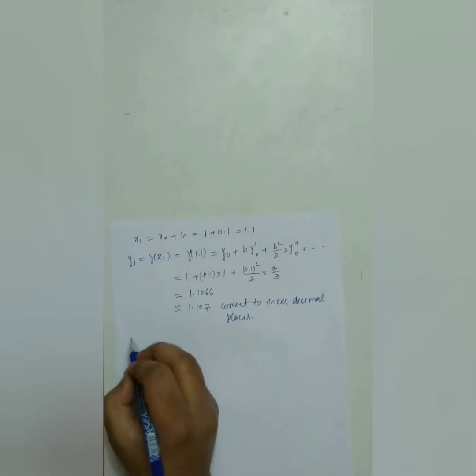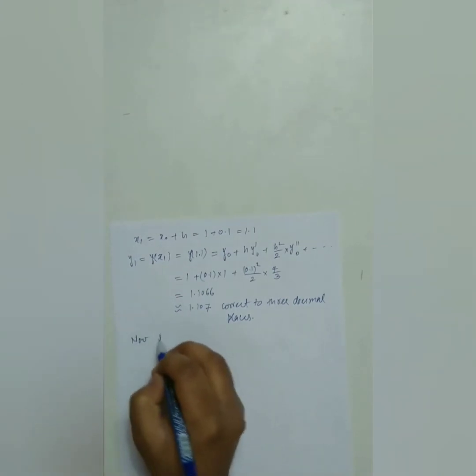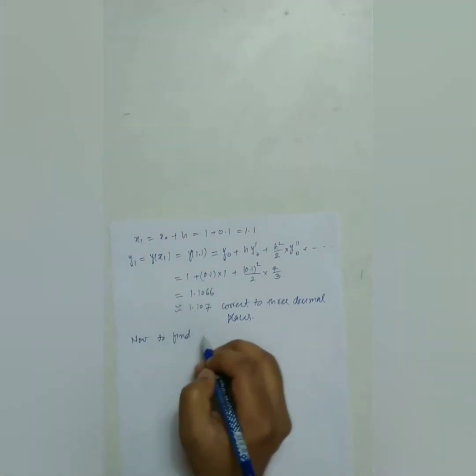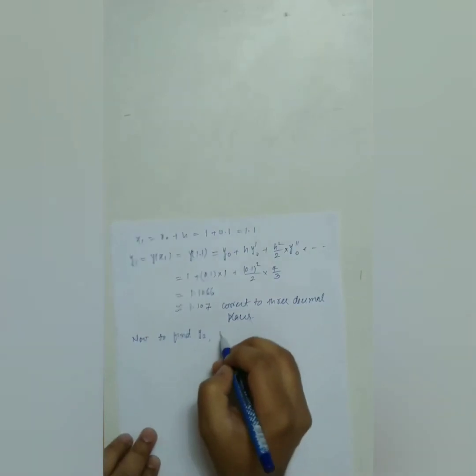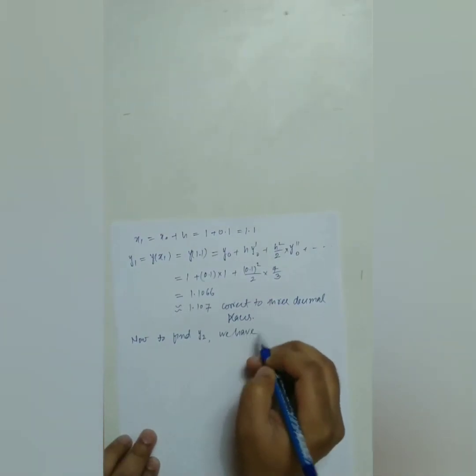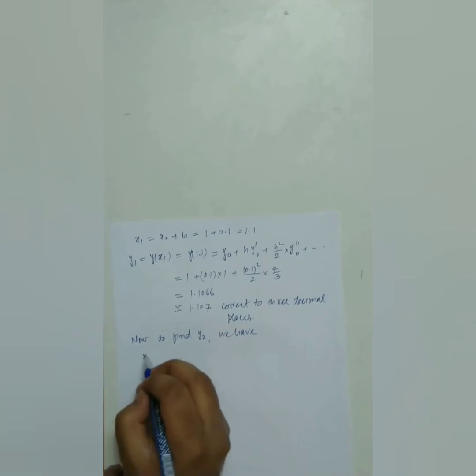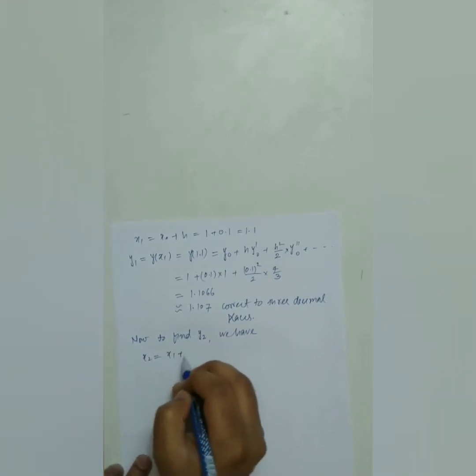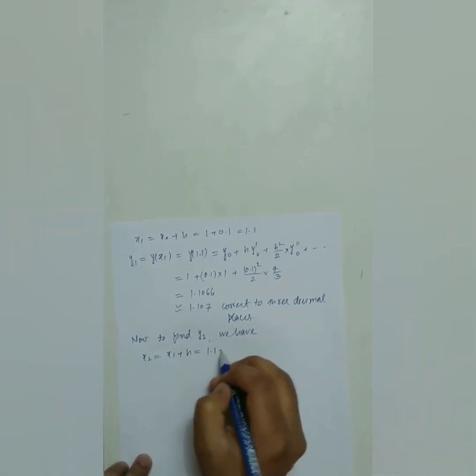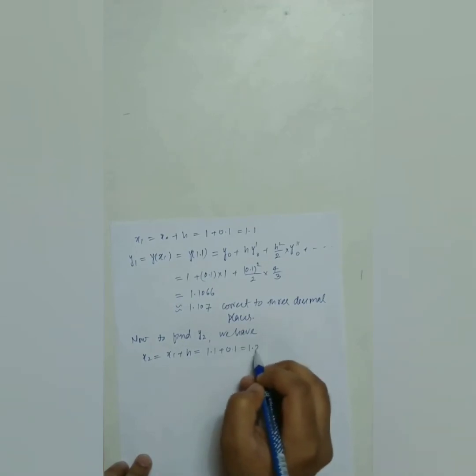Now we have to find the value of y at 1.2. So to find y2, which means y at 1.2, we have x2 equal to x1 plus h, so 1.1 plus 0.1, that is 1.2.